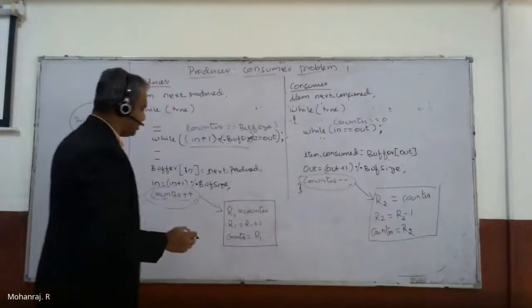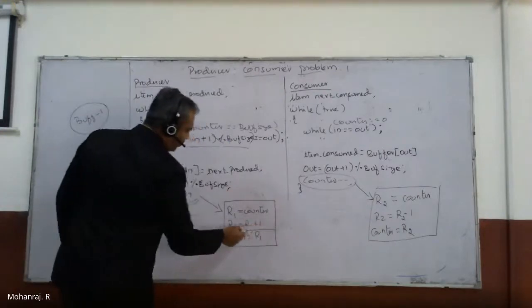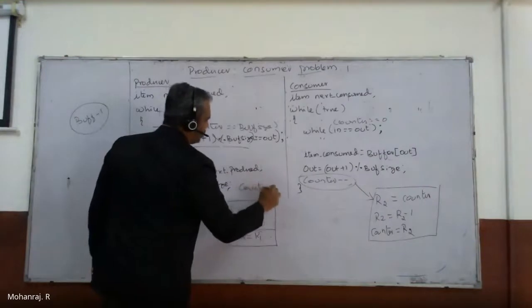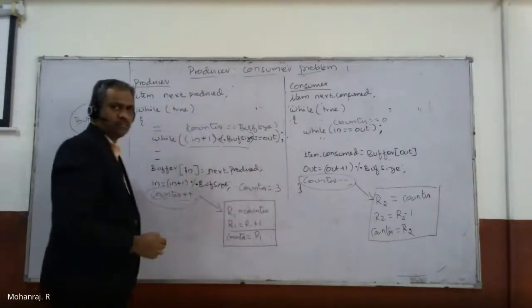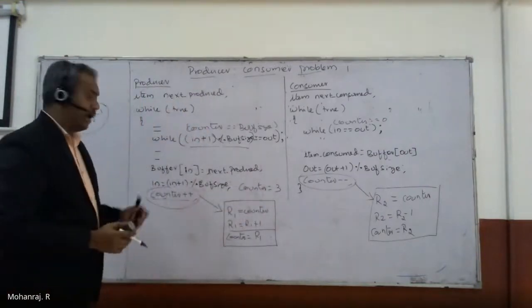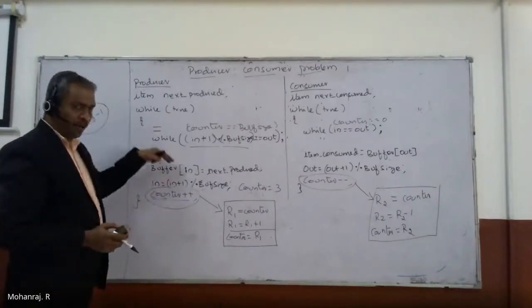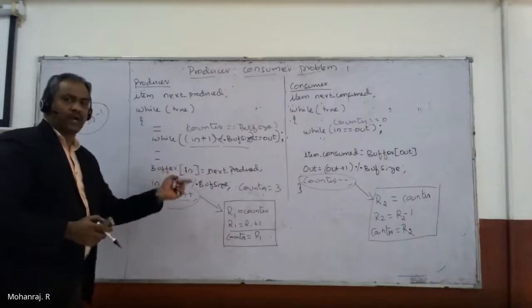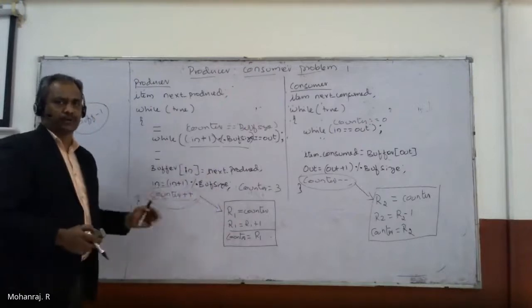Now what happens? Let us assume the counter value is 3 at this moment, as the producer has produced a new item and placed it, and is trying to make the counter value plus 1 so that it will become 4.